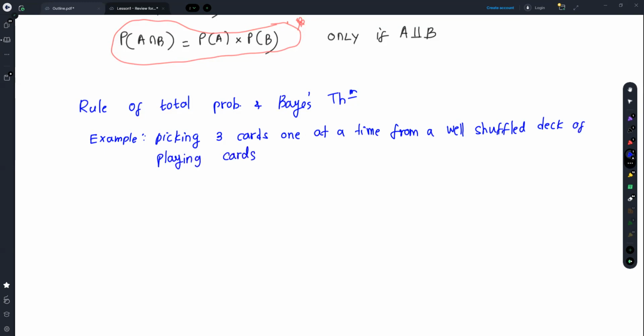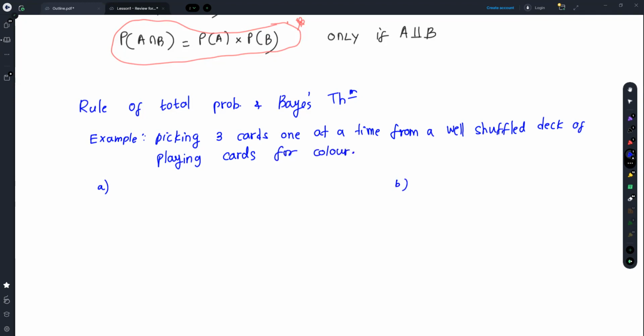Right? Now you have a deck of playing cards. You are going to pick 3 cards, one at a time. You pick the first card, look at it. You pick the second card, look at it. You pick the third card, look at it, and record whether it's red or black. Let's say you are checking for the color, red or black.